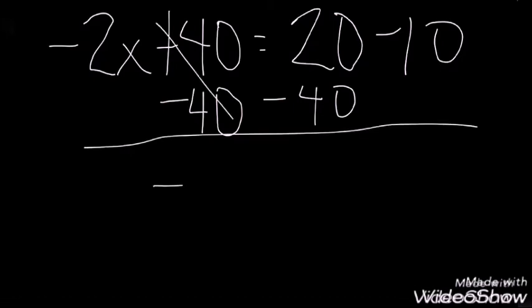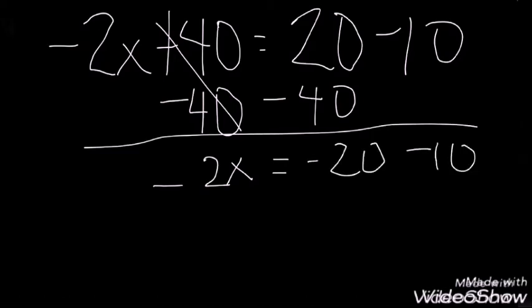Then cancel out the 40 beside negative 2x, and then move down, and negative 20 minus 10 is negative 30.